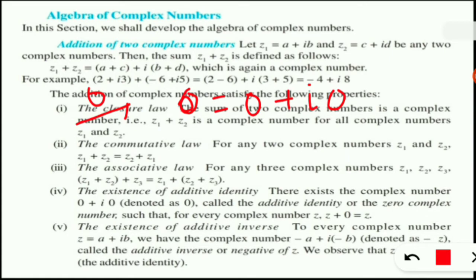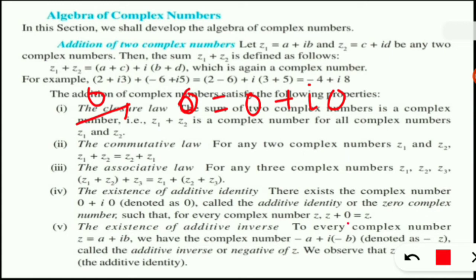Clear? So the existence of additive identity: there exists the complex number 0 plus i times 0, denoted as 0, called the additive identity or the zero complex number, such that for every complex number z, z plus 0 equals z.